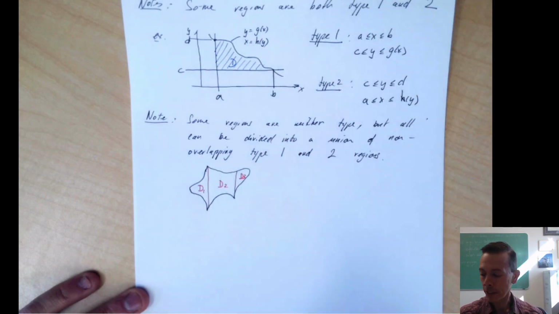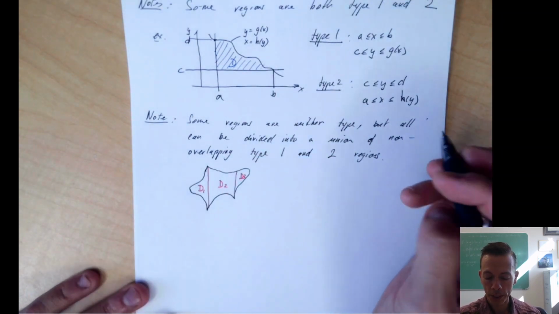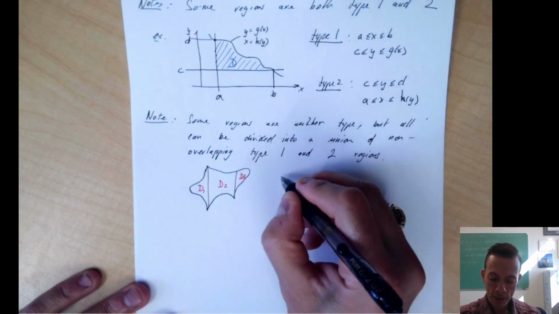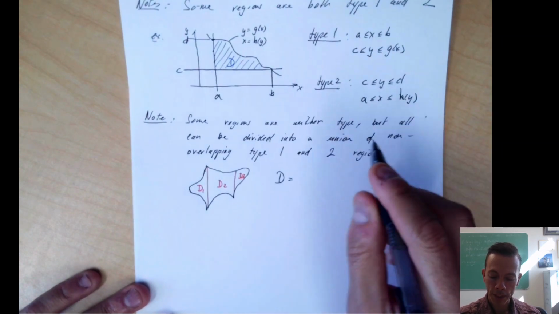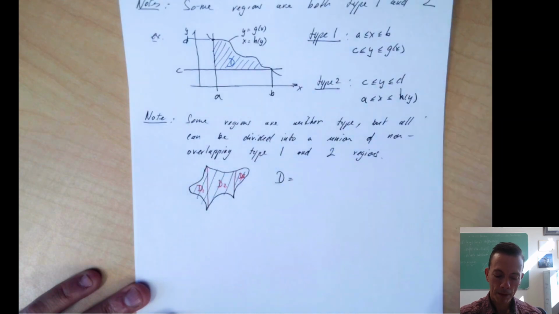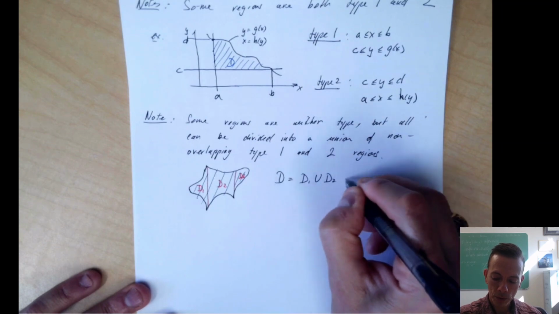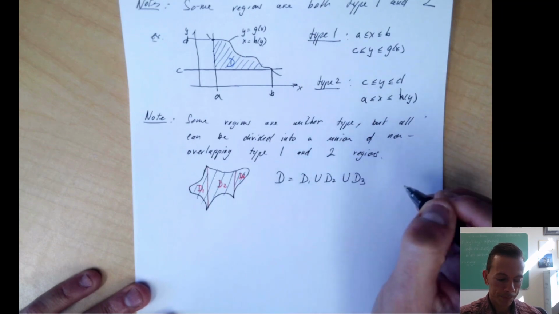And you can consider each one of these, D1, D2, and D3, to be either a type 1 or a type 2. So in this case, the whole region D is the union of D1, D2, and D3.